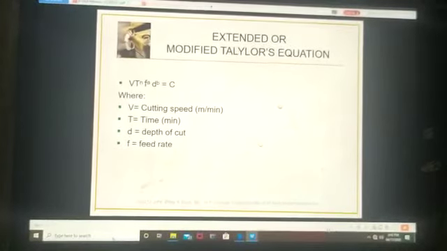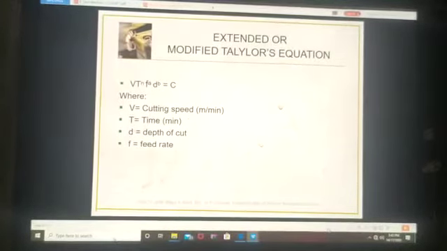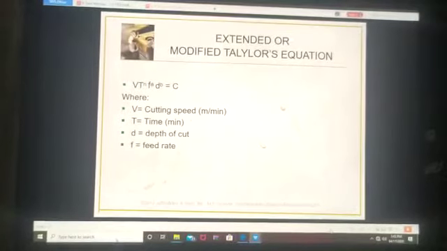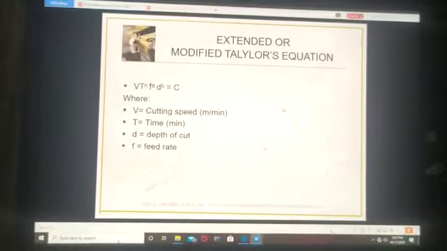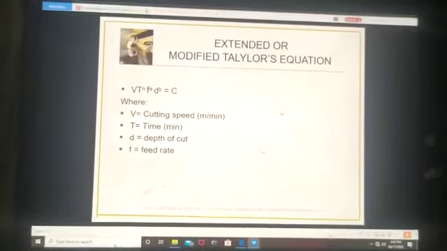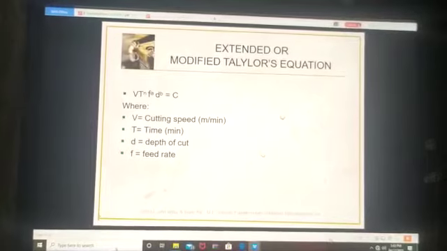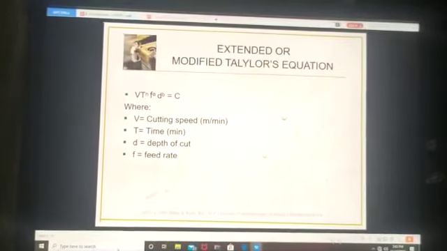When the values of V, T, D, F are known, the constant can be calculated, or we can calculate the time for cutting of our material.